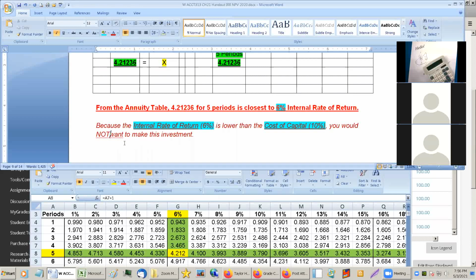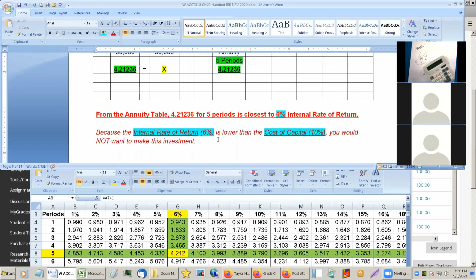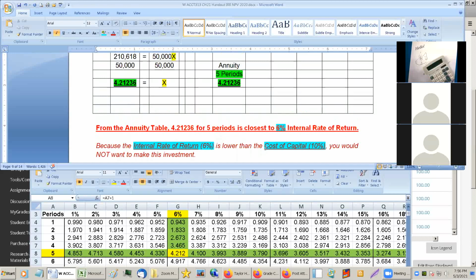Oops, wait a minute. So if you made this investment, you'd be paying an extra 4% to the bank, which you do not want to do.